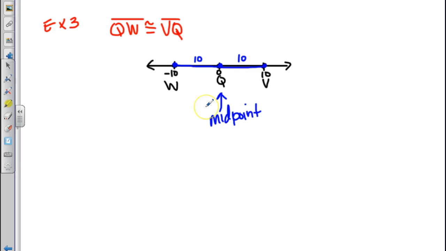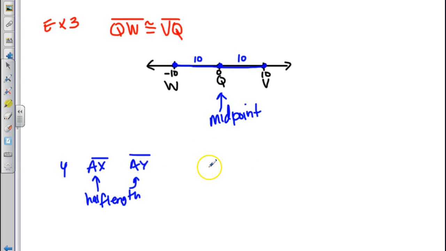All right, last one, example number 4. If segment AX is half the length of AY, then A is the midpoint of AY. All right, so let's think about this.